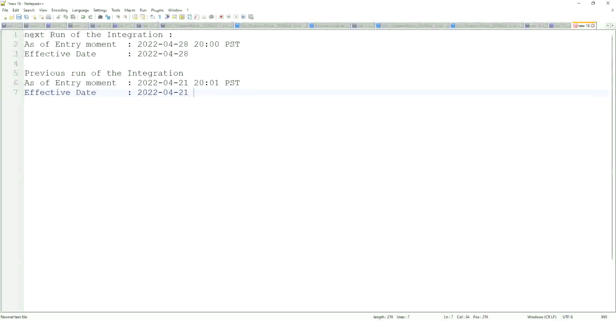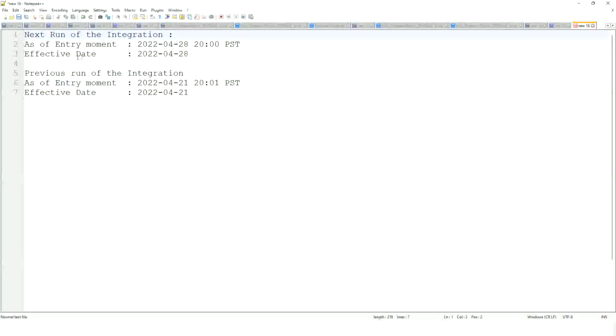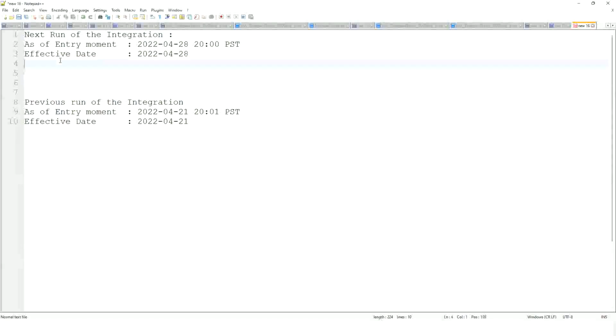Okay, so for the next run of integration, what are the 4 parameters that we are looking for? We are looking at as of entry moment, effective date, last successful as of entry moment, last successful effective date. So what would be the last successful as of entry moment?